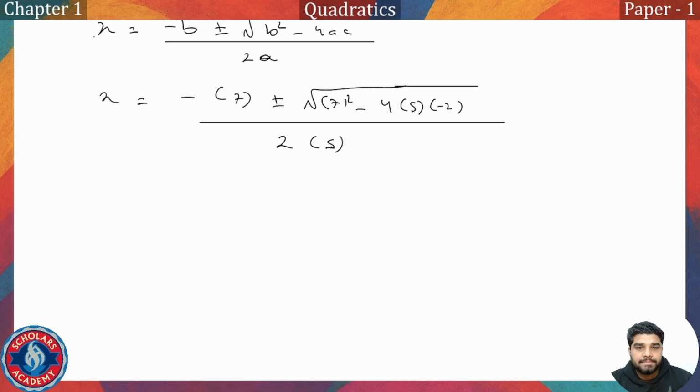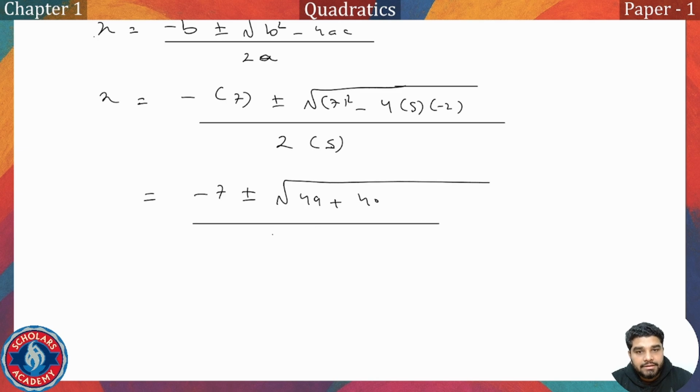I hope it is clear. We'll simplify it. We get -7 plus minus root of 49 minus, and minus times minus is plus, 4 fives are 20, 20 twos are 40, by 10. So we get x is equal to -7 plus minus root of 89 by 10.